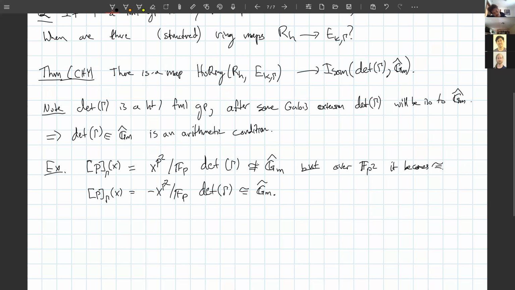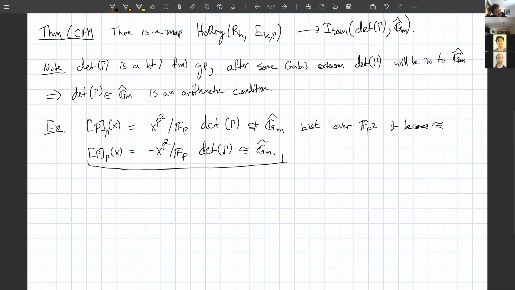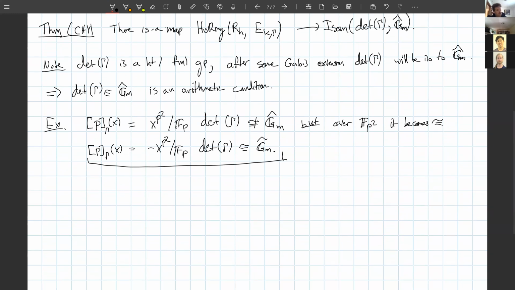This is why a lot of people prefer the second formal group. It could come from a supersingular elliptic curve.